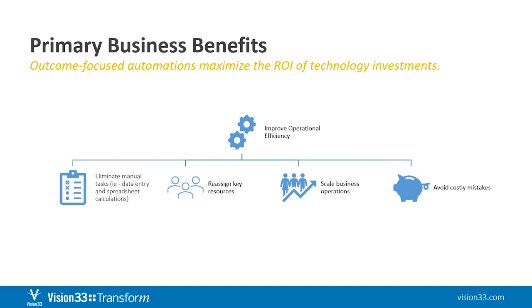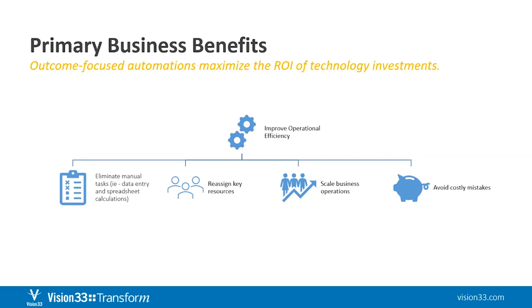Operational efficiency is, of course, at the heart of automation. It is the largest benefit, but that breaks down into some secondary benefits that can have quite substantial repercussions for companies.